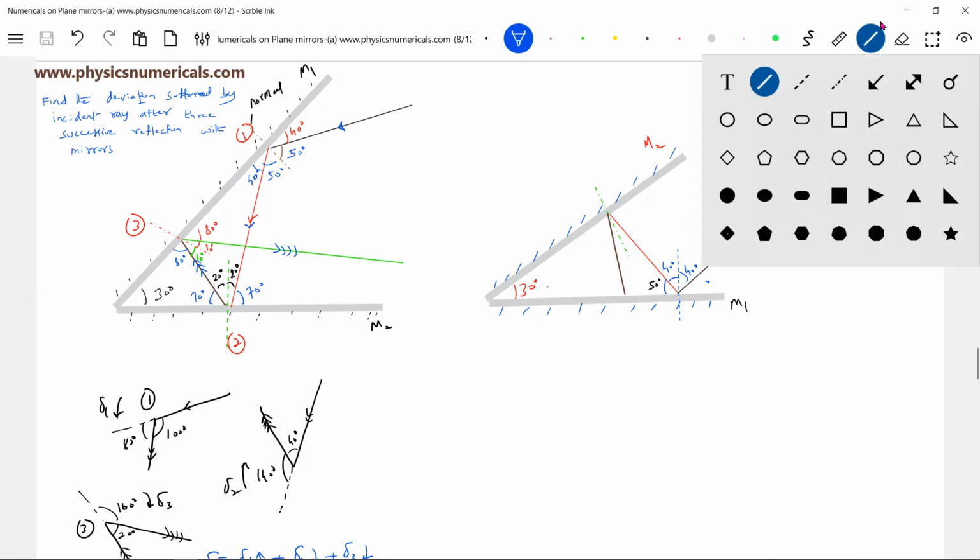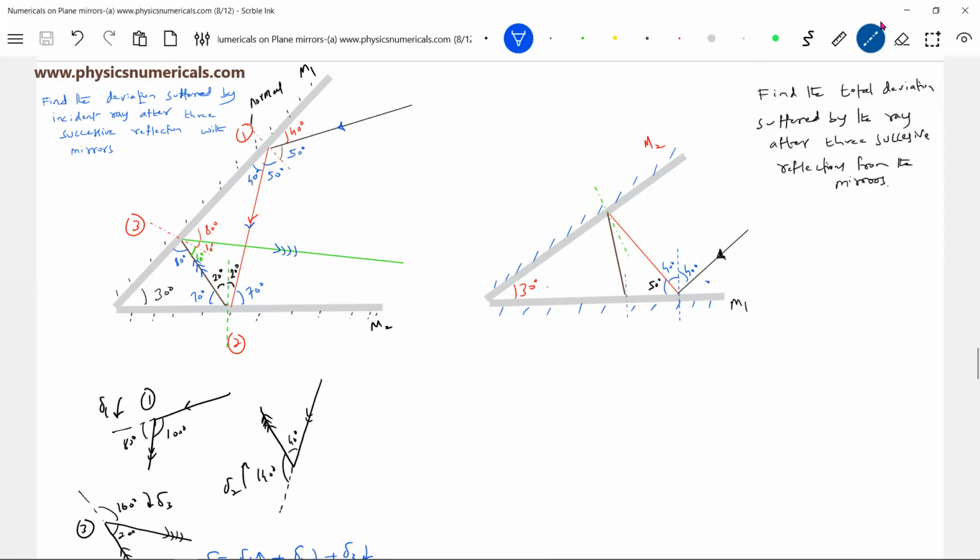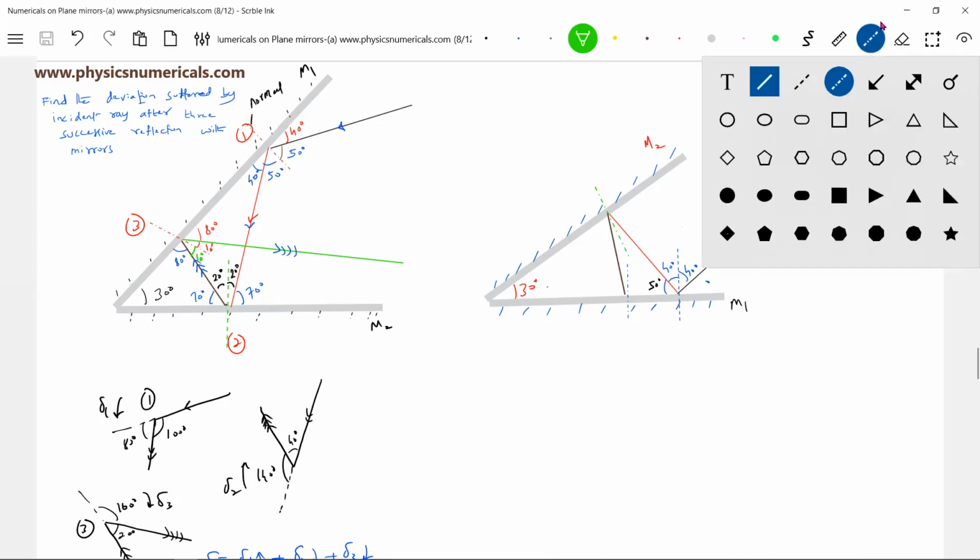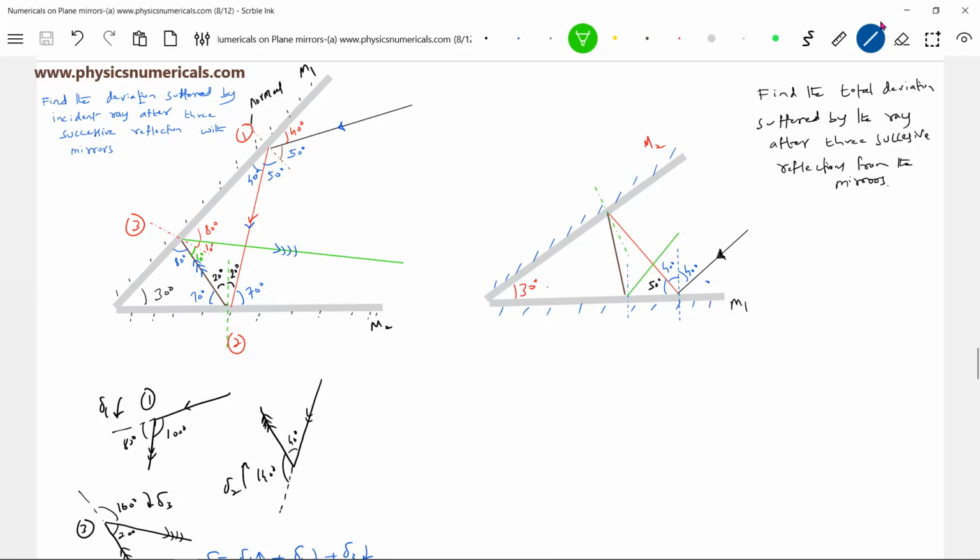So there's a normal. And finally the ray, okay, there is a deviation. We'll give this one. So this will be 2 arrows. After reflection, 3 arrows. Finally, after reflection, 4 arrows.